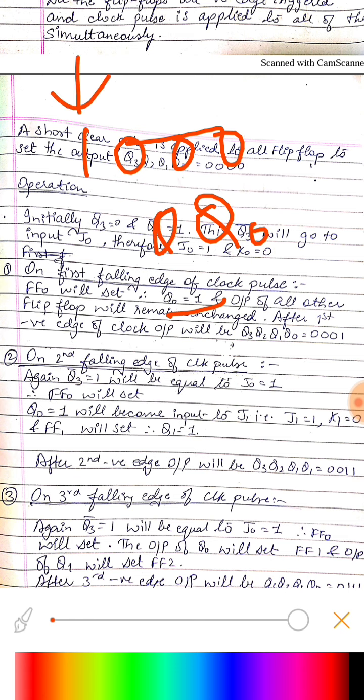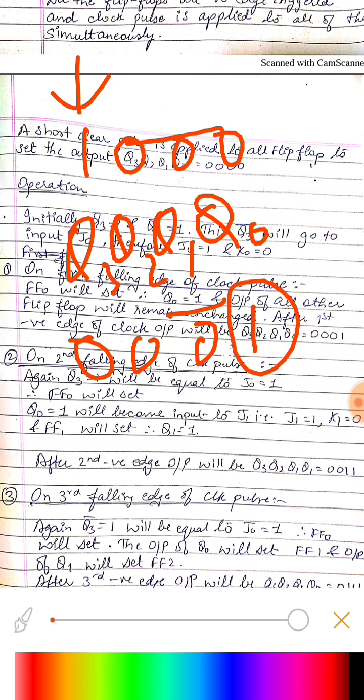It is Q0, Q1, Q2, Q3. So the LSB will be written over there, 1 0 0 0. Now as we have got the 1 at Q0.